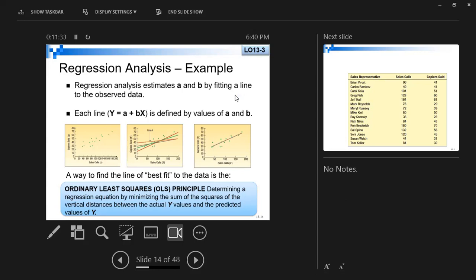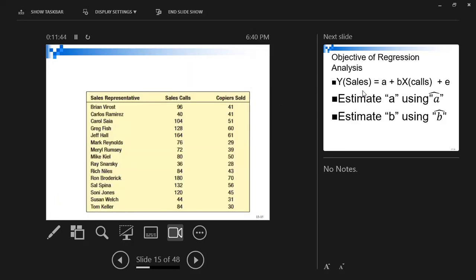So you can see that the points are scattered. So we try to estimate the line right in the middle of the scatter bag. And so our objective then is to estimate A and B.